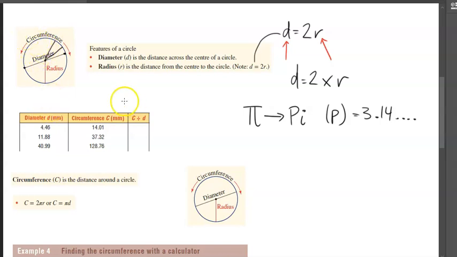What a lot of mathematicians did back in the early days is just try to find a relationship between the circumference of a circle and its diameter. So say, for instance, we got the circumference of a certain circle and we had the ability to measure it.